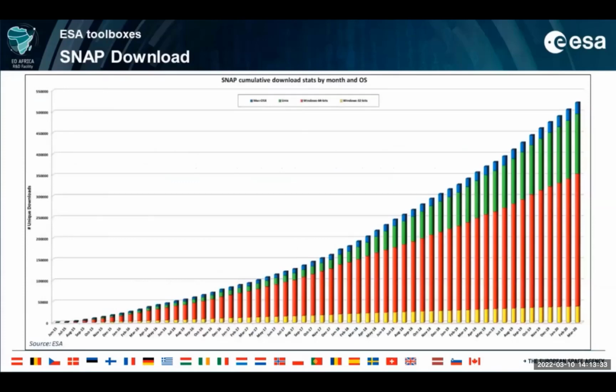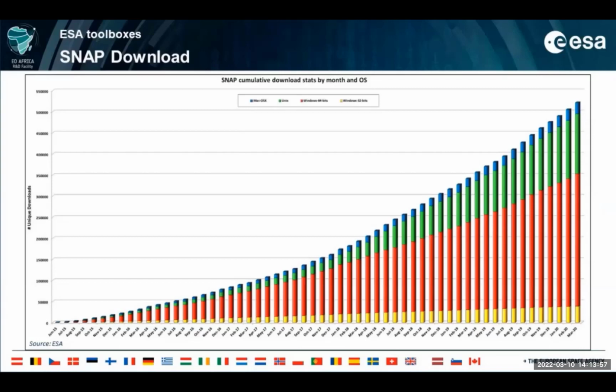With the growing number of Earth observation data users, the SNAP software toolbox has been downloaded more than 500,000 times in less than 5 years. The graphic here represents the cumulative download number by month until the end of March 2020. Certainly, this number has significantly increased until now.